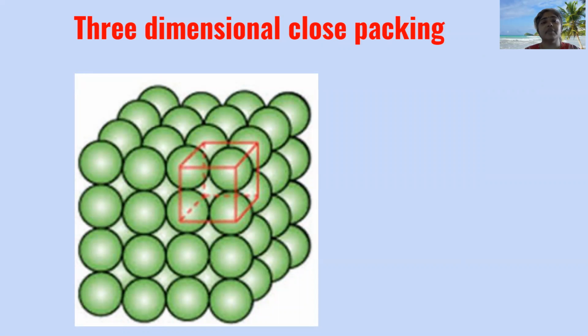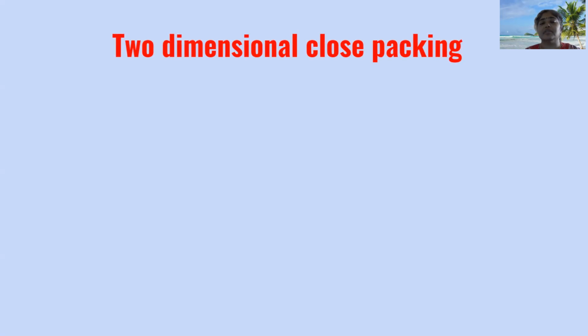That means they are in the same line. So when you have this kind of arrangement, this is known as the three-dimensional AAA type of packing, and the coordination number in this type of packing is 6.